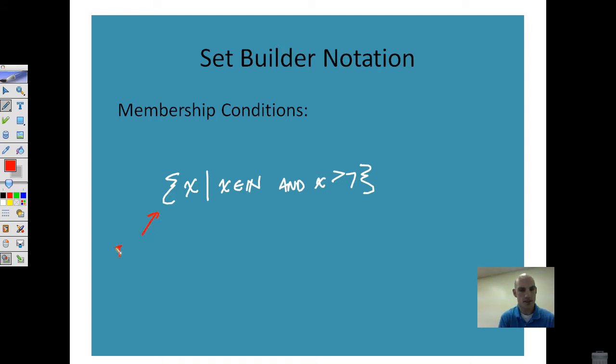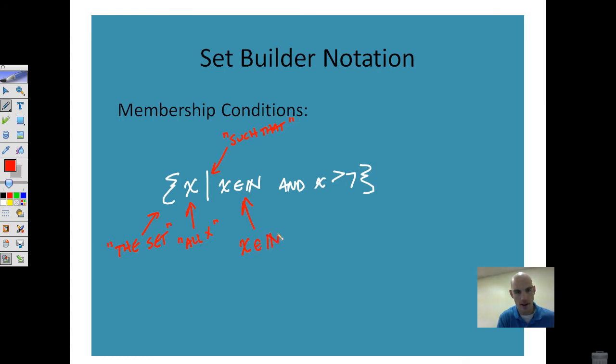The set of all x, and this bar means such that.